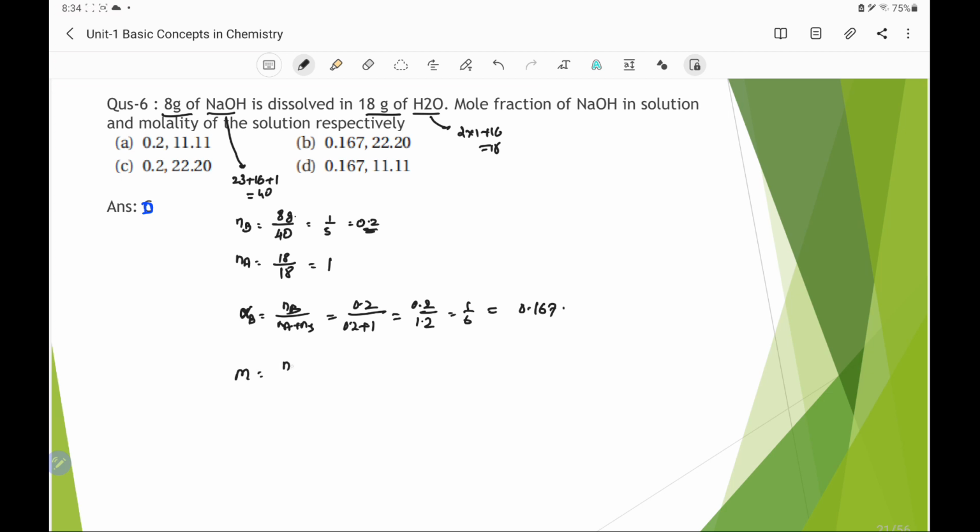Molality is defined as the number of the moles of the solute divided by the mass of the solvent in kilogram. So number of the moles of the solute is 0.2 and mass of the solvent is 18 gram. To convert this 18 gram into kilogram, we have to divide this by 1000. So the answer will be 200 divided by 18, and on simplifying we will get 11.11. Hence option D is the correct option.